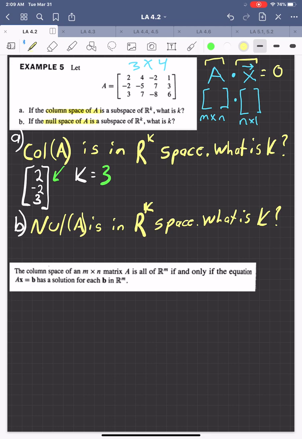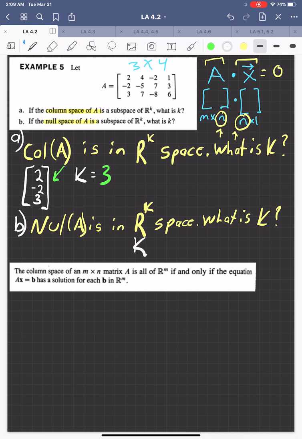So if A is an m by n matrix and you're about to multiply it by some vector, then structurally that vector should be an n by 1 vector. The columns of A have to match the rows of x in order to multiply it. So let's answer this question.